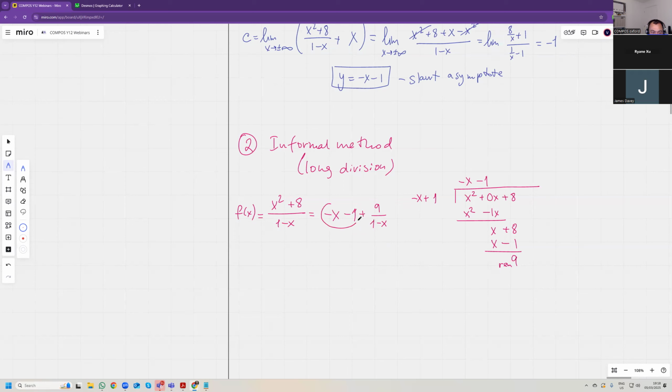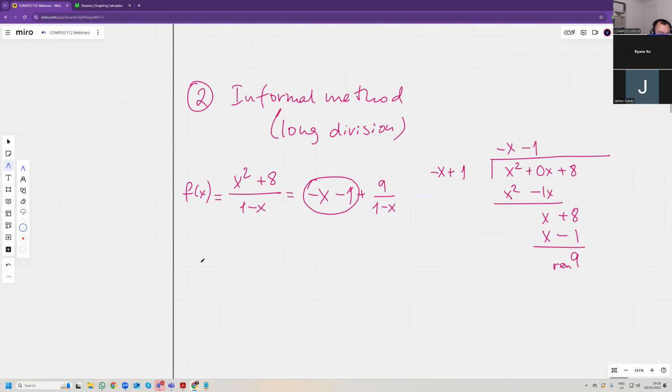And that's your slant asymptote. I said it's way easier. Just do long division and you get the asymptote straight away. Basically, what does it say here? It says that as x becomes really large, as x tends to infinity, this thing becomes negligible.